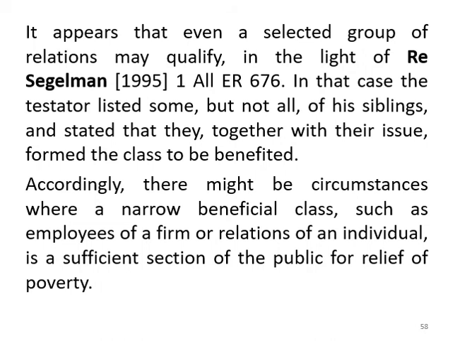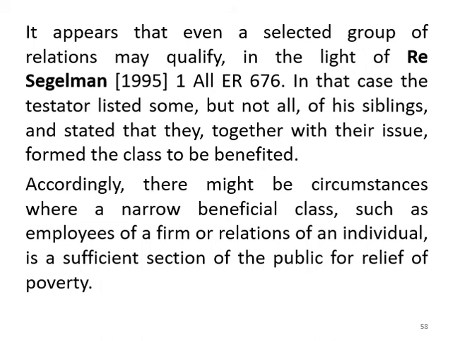Accordingly, there might be circumstances where a narrow beneficial class, such as employees of a firm or relations of an individual, is sufficient as a section of the public for the relief of poverty. But the general rule is not like that. If a trust is created for the employees of a firm or relations of an individual, it is not a charitable trust because it is not for a section of the public.